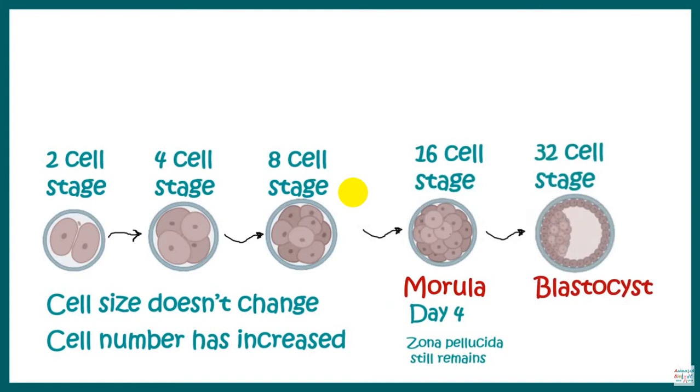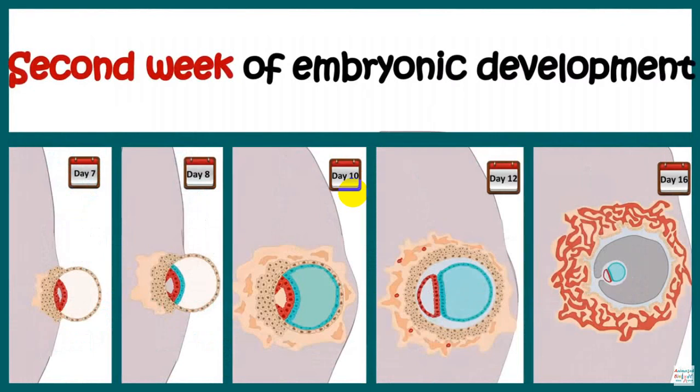And this structure would be readily implanted in the uterine wall. So the blastocyst would shed its zona pellucida and get implanted into the uterine cavity. This would be the initiation of the second week of embryonic development, and this implantation takes place on day 7.